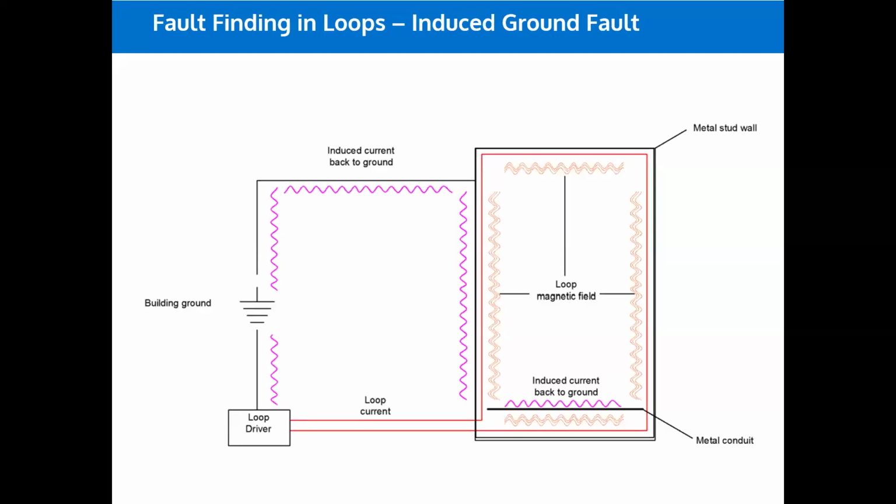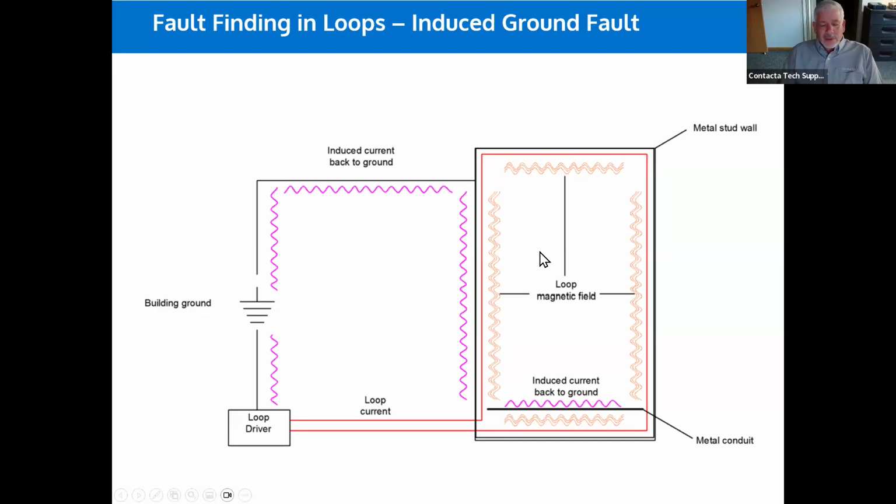Dave, have you got anything you would like to add to that? If you're running a perimeter and you know they have metal studs, your first clue is going to be that no matter how much current you pump into that loop, it doesn't get any stronger, because the metal absorbs it, and your numbers would be horrible.